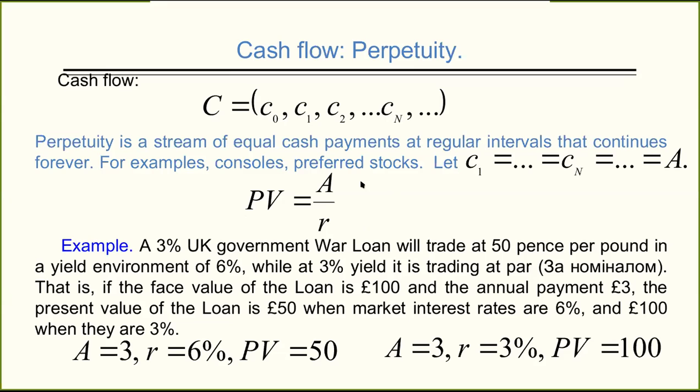In other words, what is the value I can put in the bank account if this bank pays R%, so that I have the possibility every year to get this value A. First year A, the second A, and so on. We can get this formula.